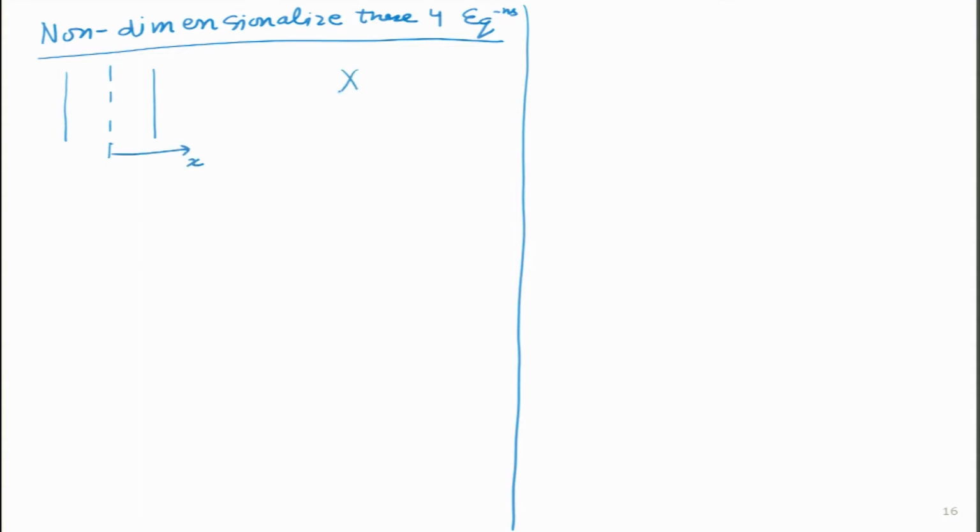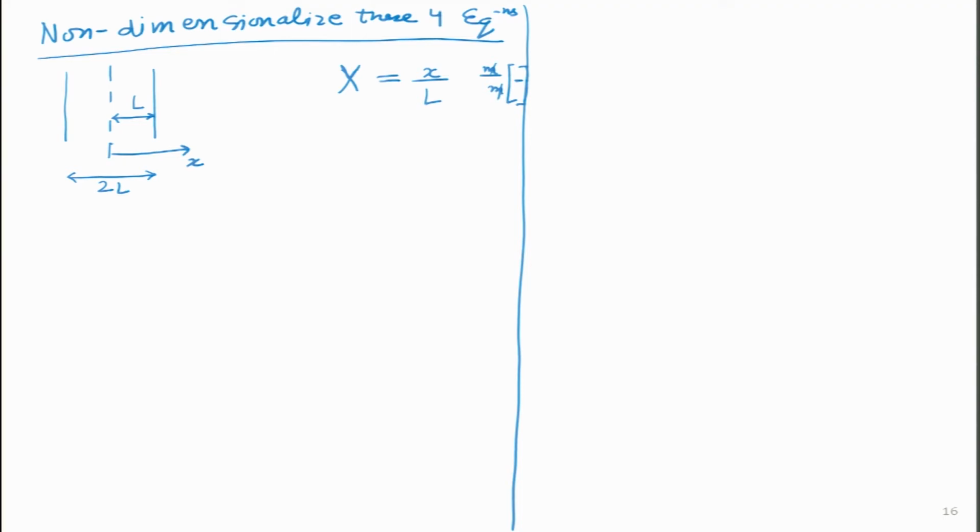Maybe I want to non-dimensionalize with the help of this half width L, because the total width of the wall I have taken as 2L, the half width I have taken as L. So I can define a new parameter capital X, which I can say is small x divided by L. So what will be the units over here? This will be x in meters, length in meters, both cancel out. So capital X will be unitless, that I can write with a dash over there.